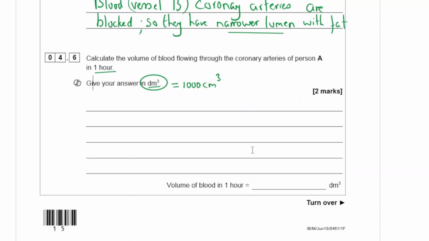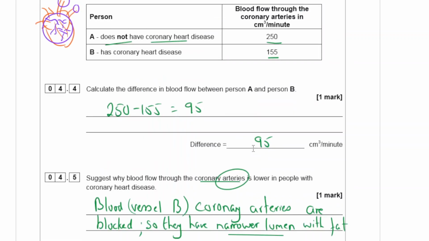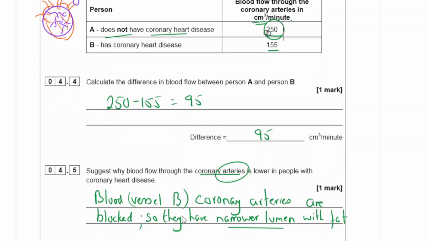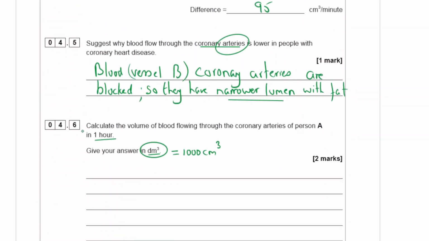So, let's have a look at person A. Person A does 250 centimeter cube in 1 minute. And that's per minute. So, because it's 1 hour, 250 multiplied by 60 minutes.